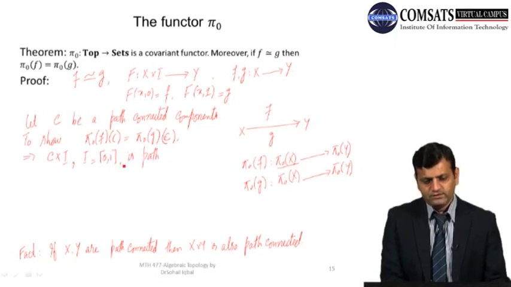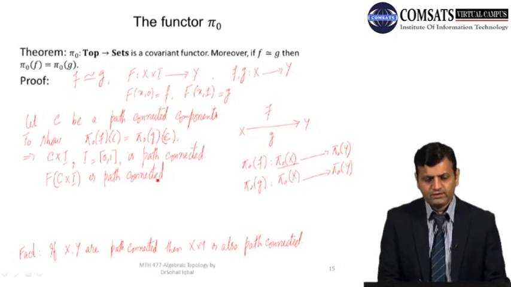Since I is path connected, and C is a path connected component, which means C is path connected, C cross I is path connected. So in other words, the continuous image, since F is a continuous function, F of C cross I is path connected.